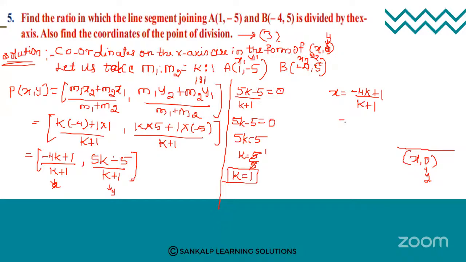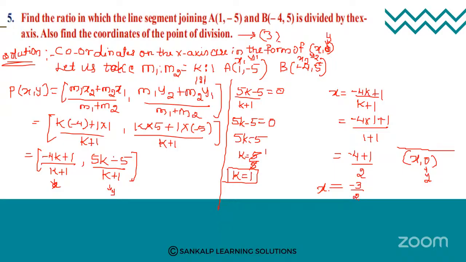Minus 4 into 1 plus 1 divided by 1 plus 1. Minus 4 plus 1 is minus 3 divided by 2. So this is the value of x.